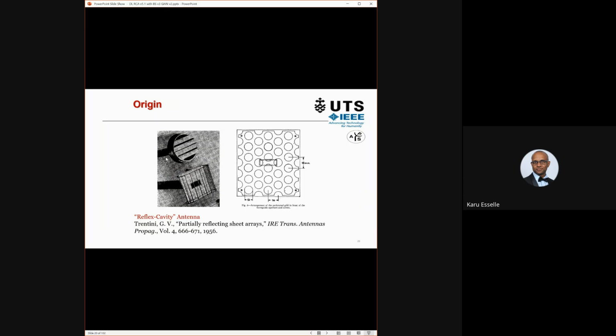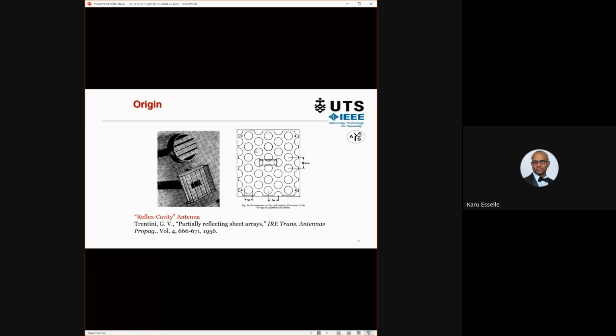So he used a waveguide and created something like a horn, opening this cavity at the end of the waveguide, and put a partially reflecting sheet or a mesh at the end of the cavity.